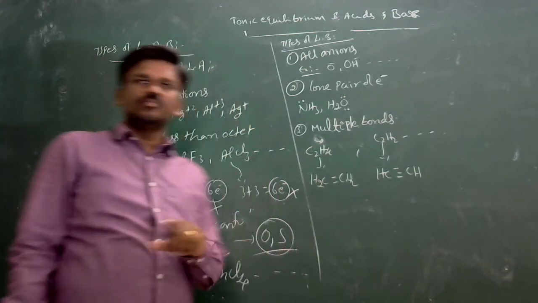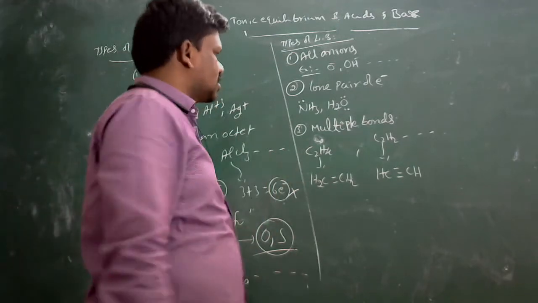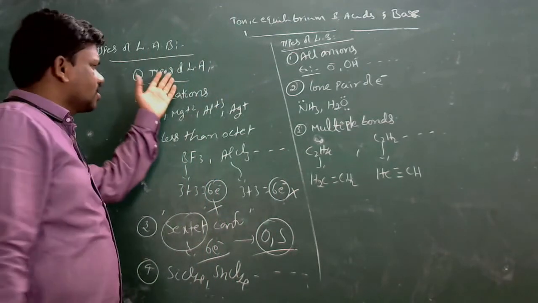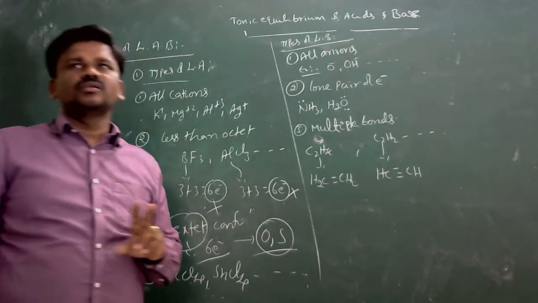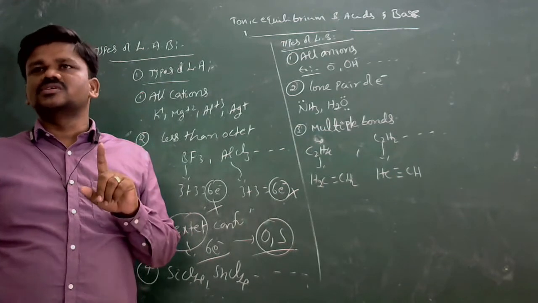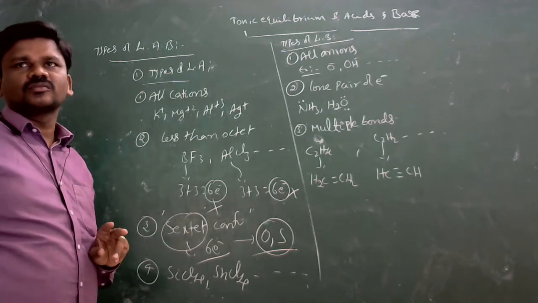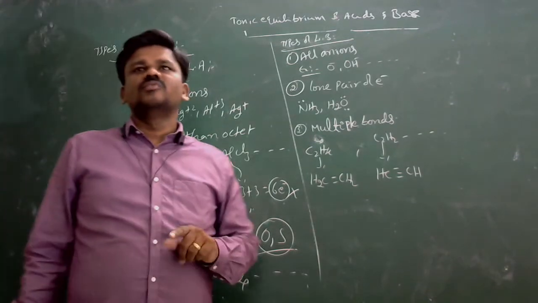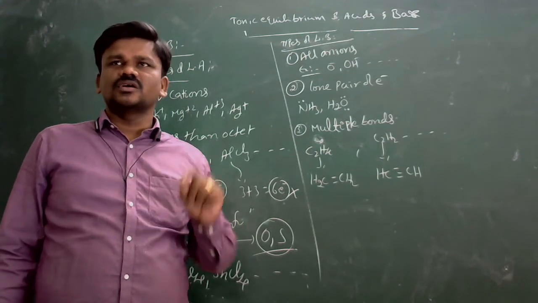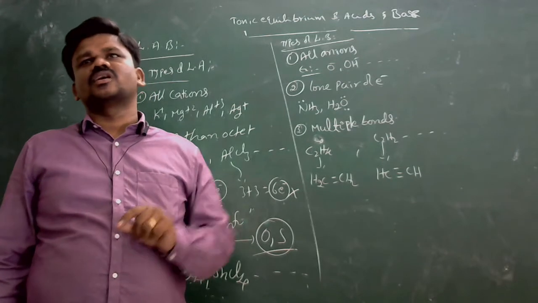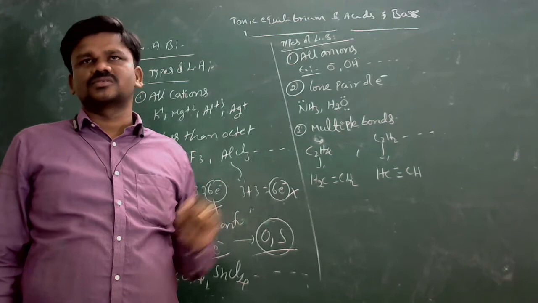Molecules having multiple bonds act as Lewis bases. In the two types of Lewis acids and bases, first all cations are Lewis acids and the second are molecules having vacant d orbitals. In the case of an acid, molecules must contain vacant d orbitals. In the case of a base, molecules having at least one lone pair of electrons act as Lewis base.